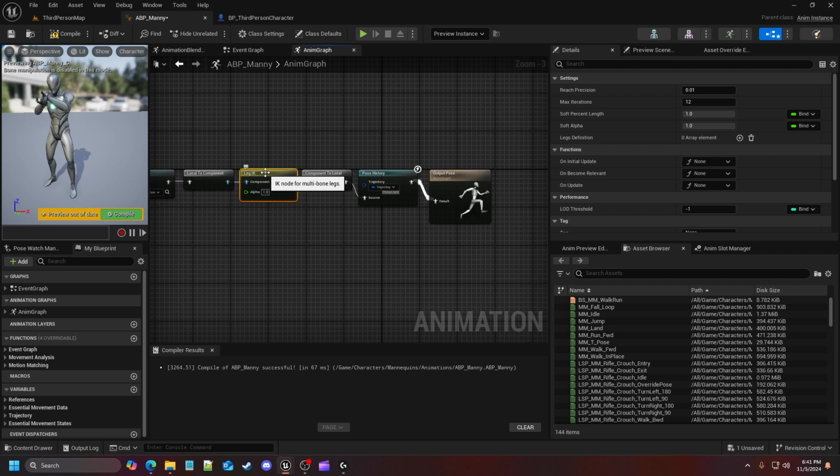This ensures that our feet make proper contact with surfaces and adapt naturally to varying terrains. Unlike forward kinematics, where each joint is individually controlled from the hip down to the foot, the leg IK enables animators to specify the desired position of the foot, and the system automatically calculates the necessary joint rotations of the entire leg.